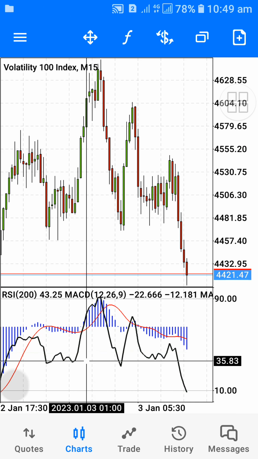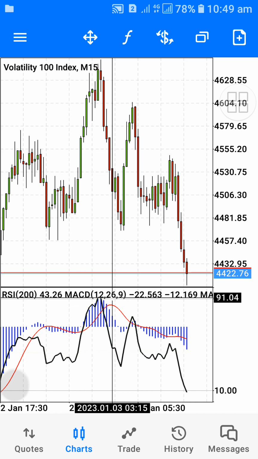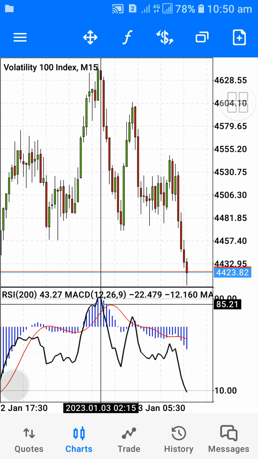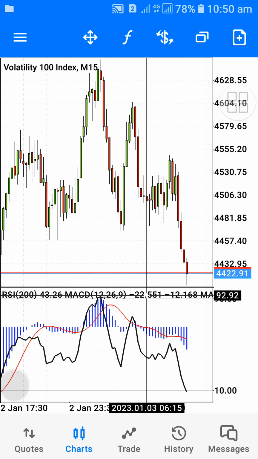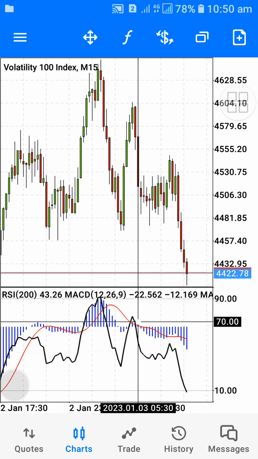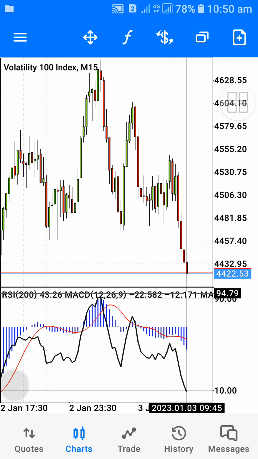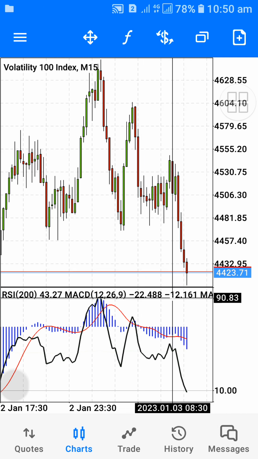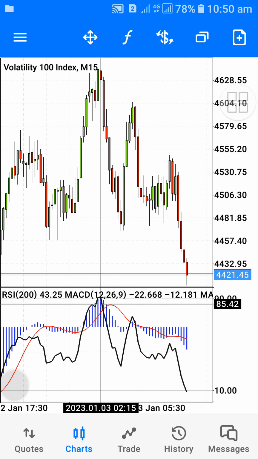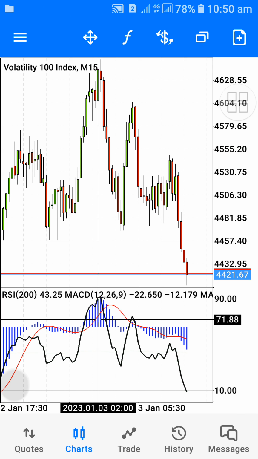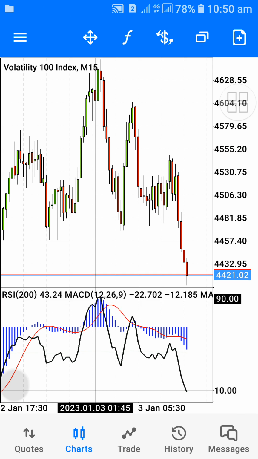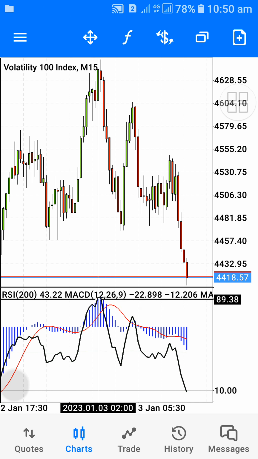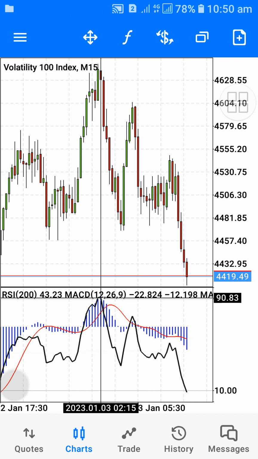See this moving average and the marked line twist at this oversold level. The 90 level is the oversold level. Let these two lines, the mark line and the moving average, twist like what we are seeing here along this area.